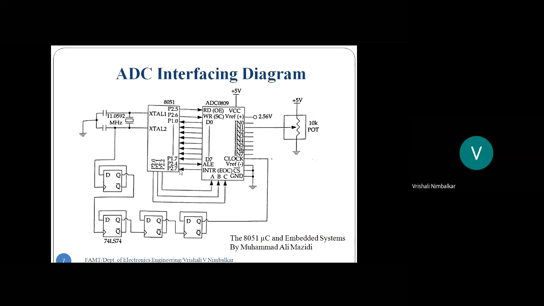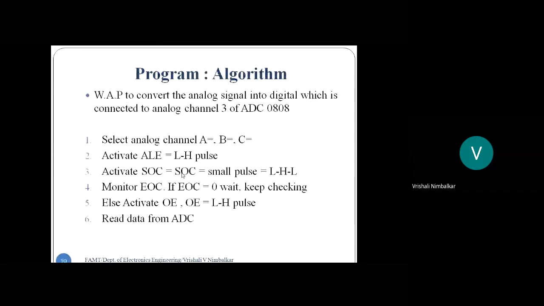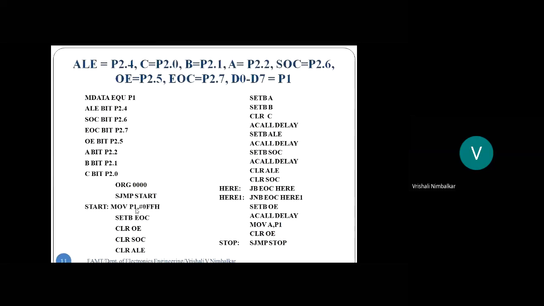So initialize these two as inputs. In the program, MOV P1, #FF hex initializes port 1 as input, and SETB EOC assigns the end of conversion pin as an input pin. The default status of EOC is logic 1.